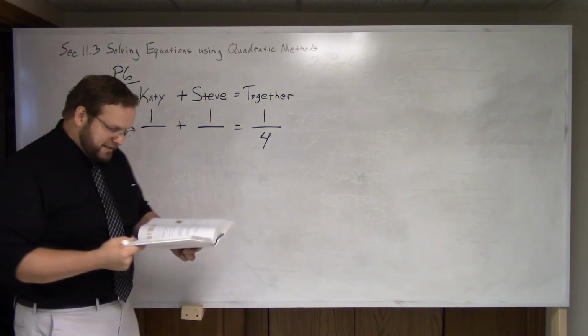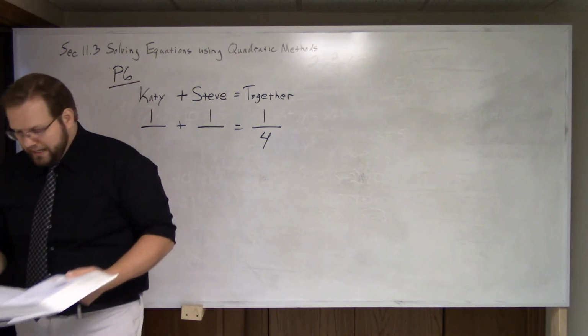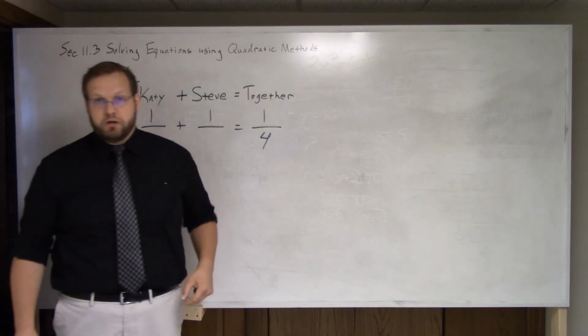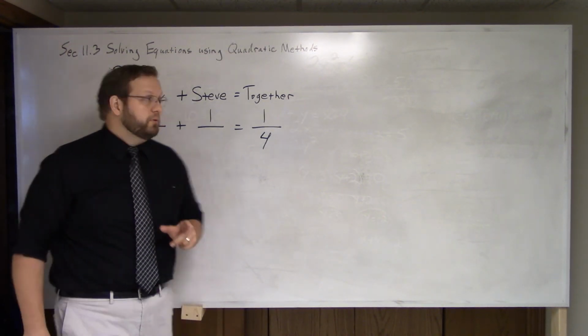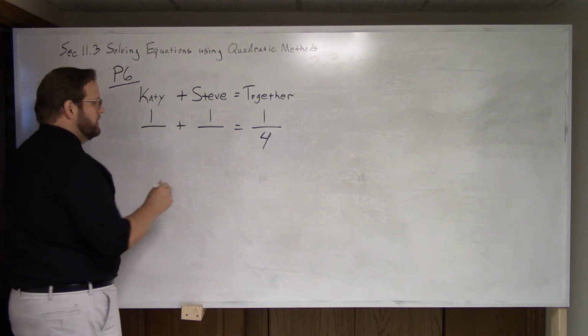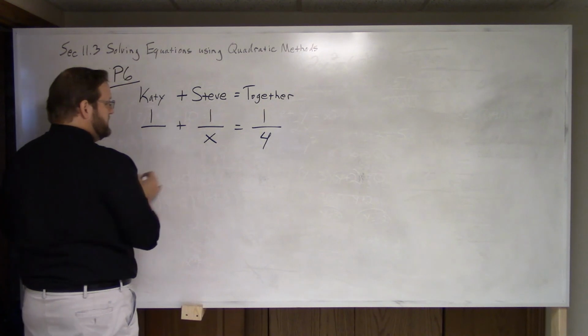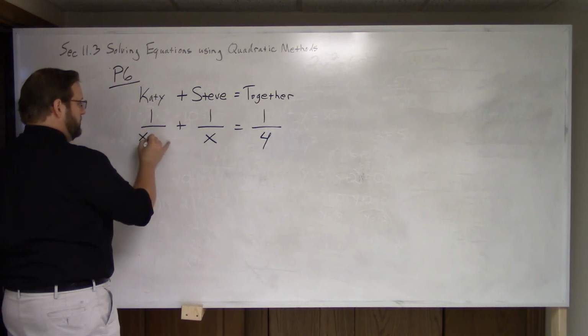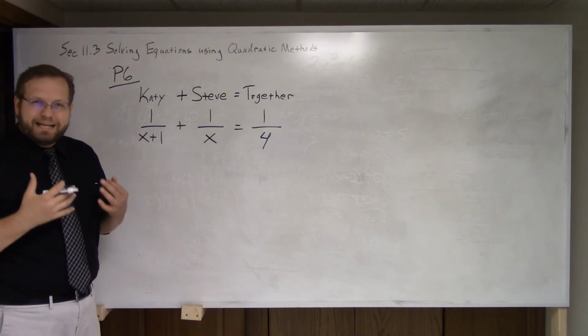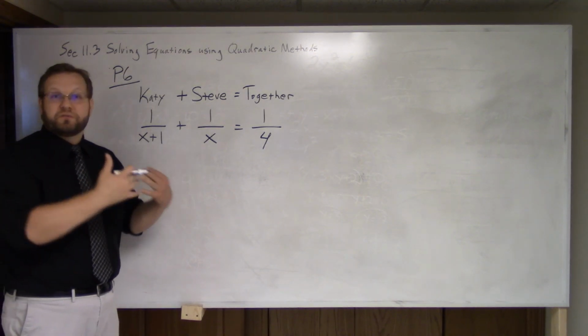Okay? Then it says, Katie can groom the dogs 1 hour faster than Steve can groom the dogs. Now, what I see a lot of people do is this. Katie can do this 1 hour faster. So I don't know how long Steve does, but then faster they say +1. But that's not really how time works when it's faster.